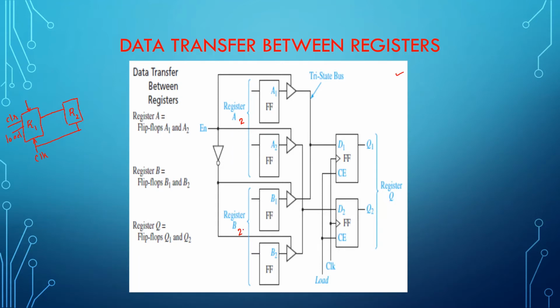Now what you are intending to do is transfer the data from this register to this register. You are intending to transfer the data from the first stage register to the second stage register. So this is your second stage register. You can see here, again there is register Q, which is once again a 2-bit register, made up of two flip-flops, flip-flop Q1 and flip-flop Q2.